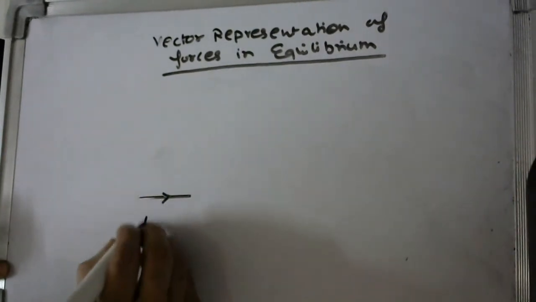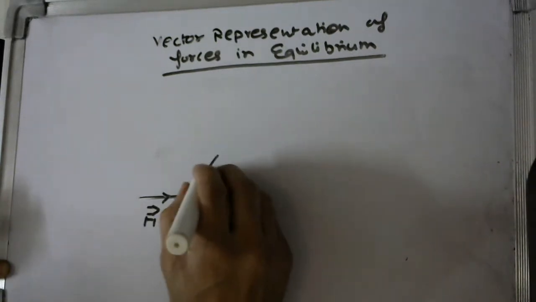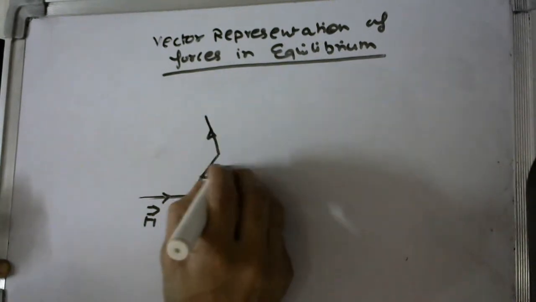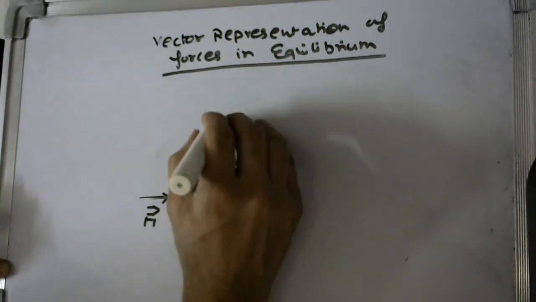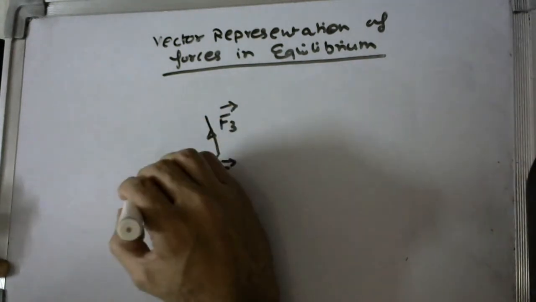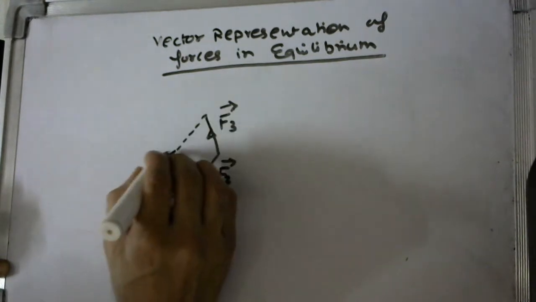Suppose there are a number of forces acting on a particle which are unable to produce equilibrium, and they will have this resultant.